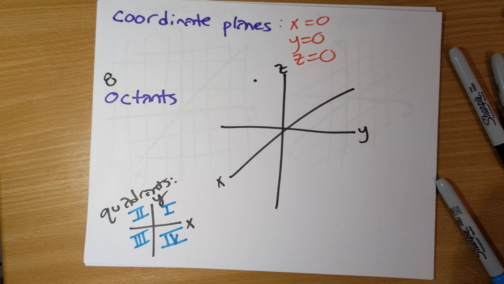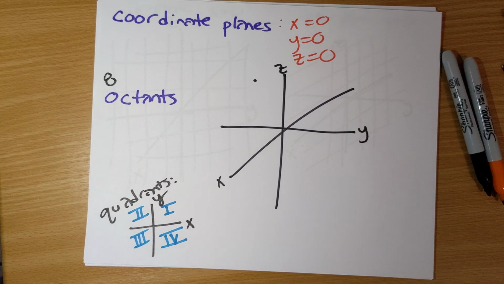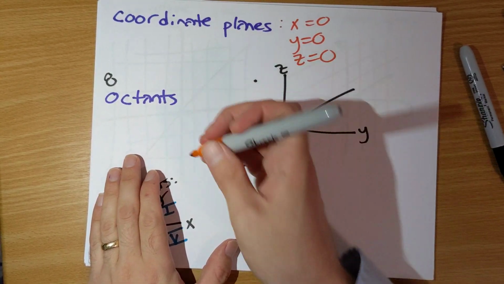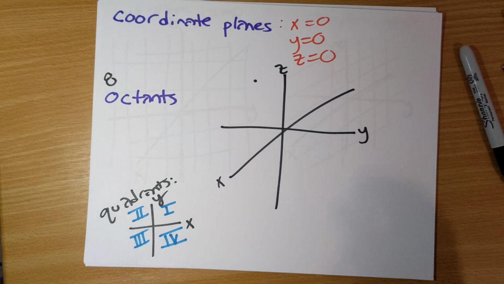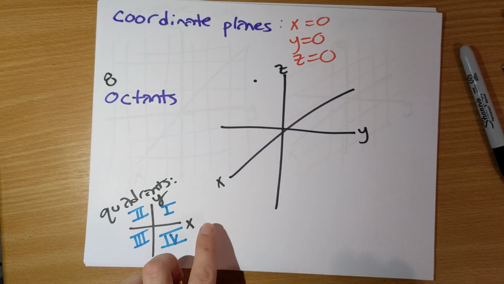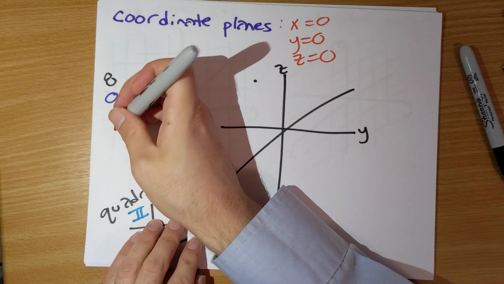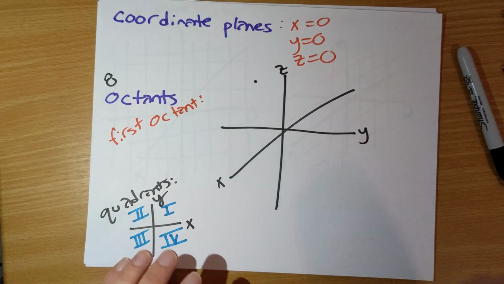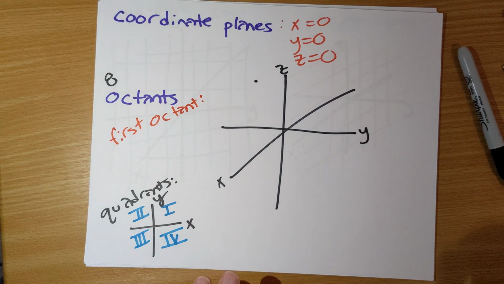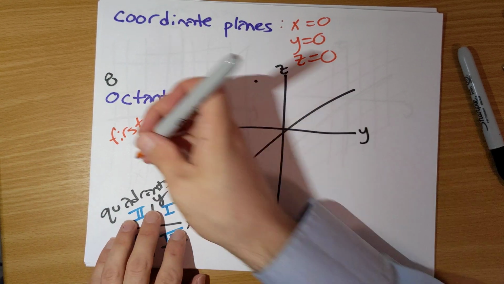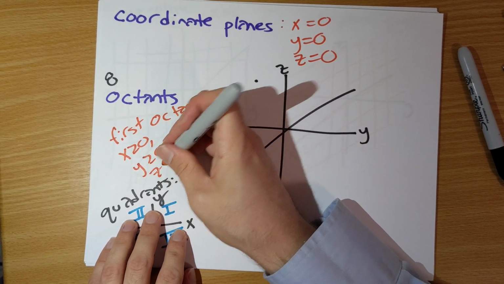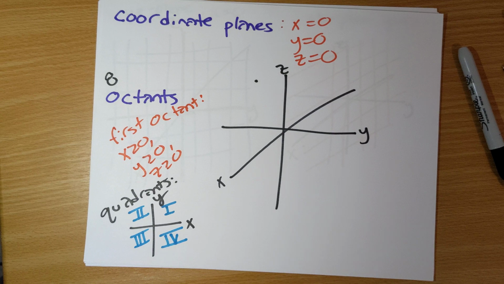So I should say there's no standard. For quadrants we know 1, 2, 3, 4. The first octant is the only one for which we have an actual name, and that corresponds to x, y, and z all being non-negative.